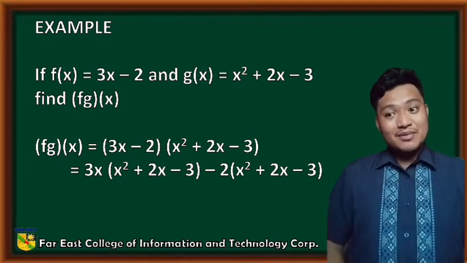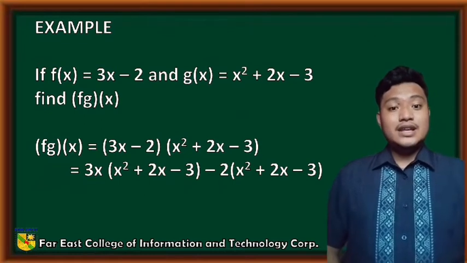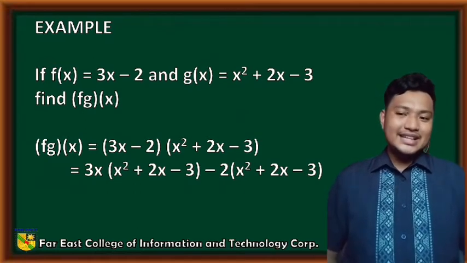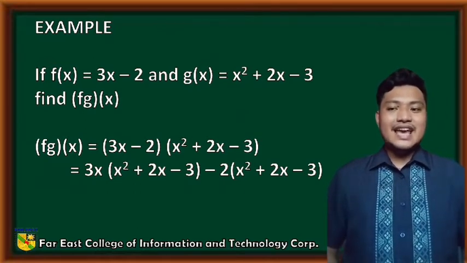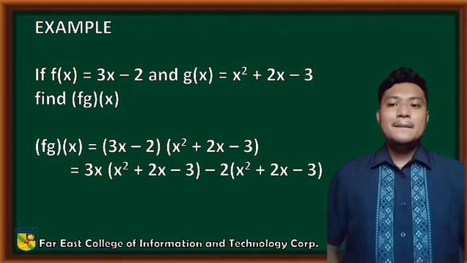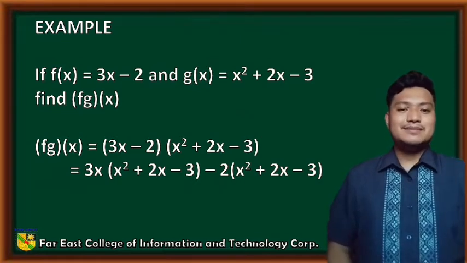You need to separate the first equation into two so that we can perform the distributive property. So it is 3x times x squared plus 2x minus 3, negative 2 times x squared plus 2x minus 3.